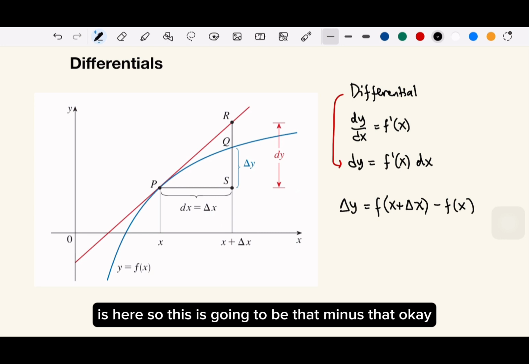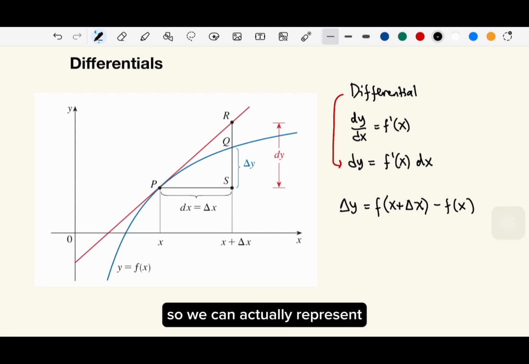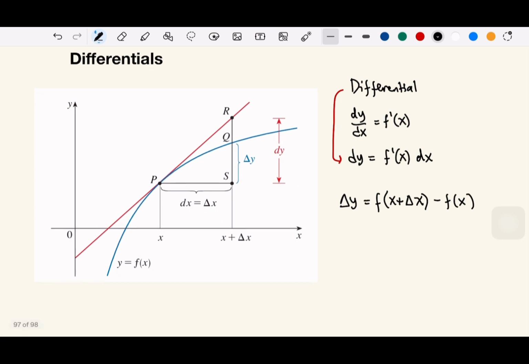So this is going to be that minus that. So we can actually represent the equations with this differential form.